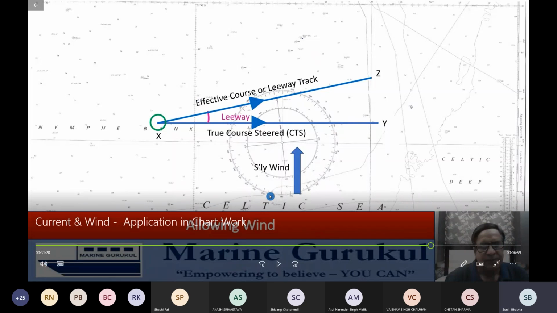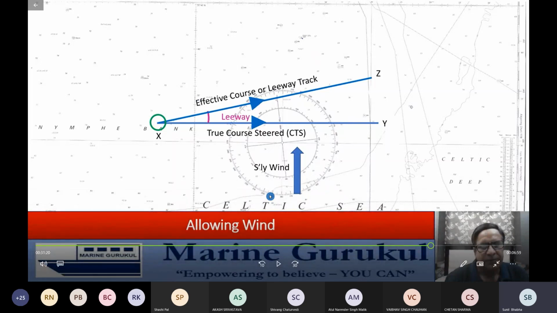Now, beta, the direction of the wind and the leeway angle, both these are given to us in the question. Both these things are provided to us in the question itself. They will give us the direction of the wind and what the leeway angle is, whether it is 1 degree, 2 degrees, 5 degrees, whatever.